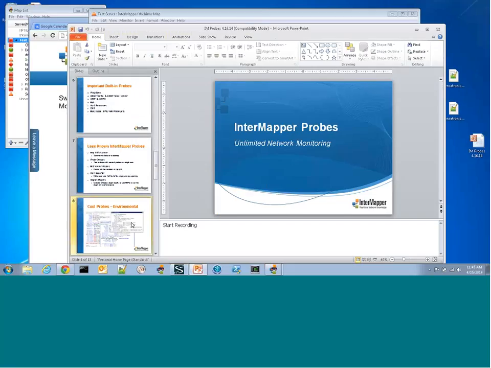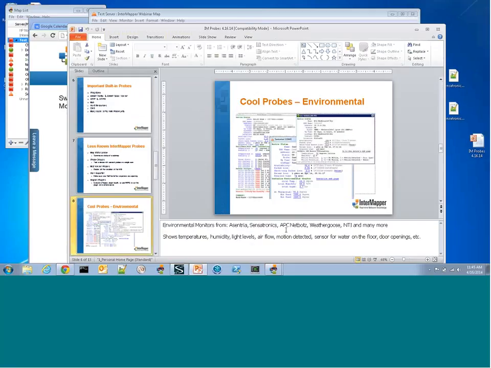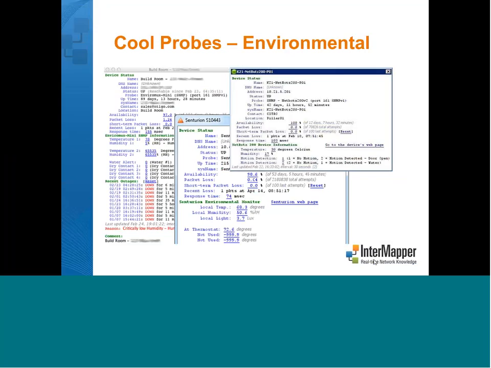So the last thing that I wanted to talk about was, I'm calling them cool probes. They are kind of beyond the meat and potatoes. These are the exciting things. All the examples that I'm going to talk about today have been drawn from the InterMapper Probe Challenge that we ran.